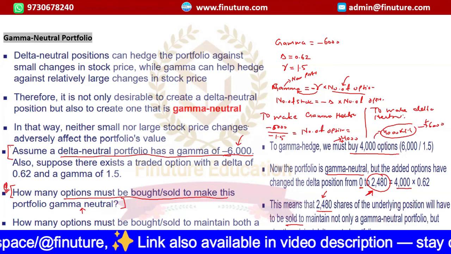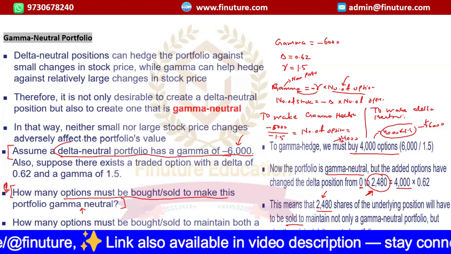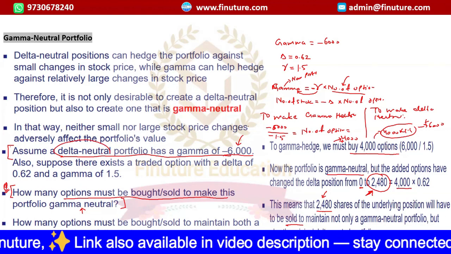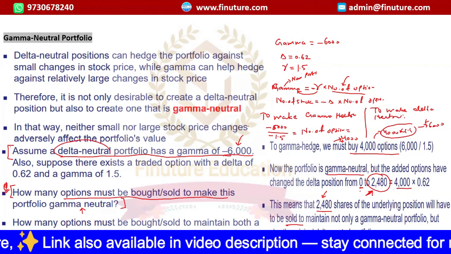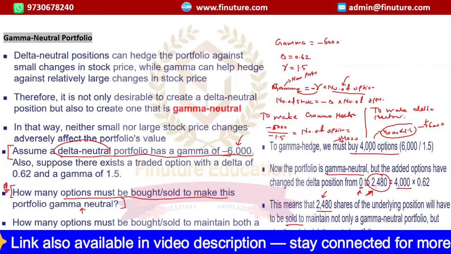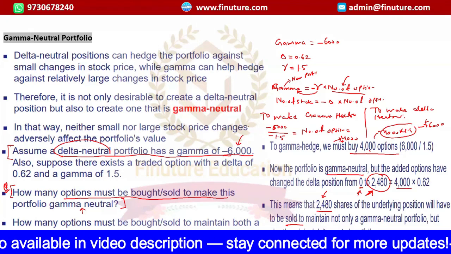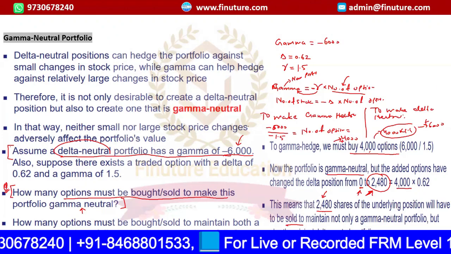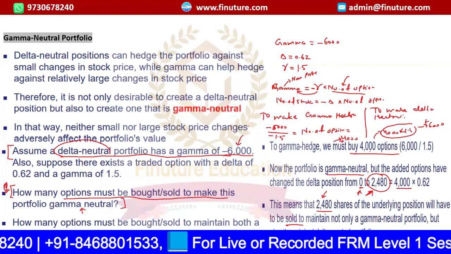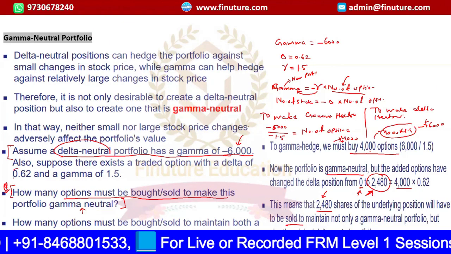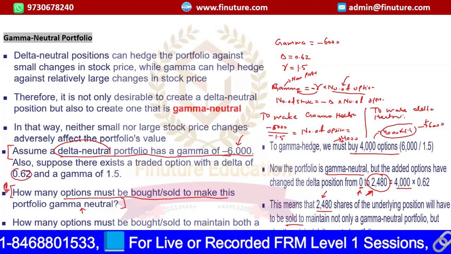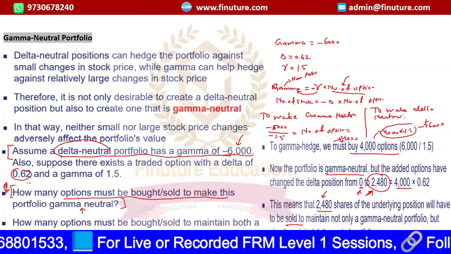But initially your portfolio was delta neutral, which means your delta was zero. When you added these 4,000 options, they created some delta. That delta is 4,000 into 0.62, because the options you added have a delta of 0.62.